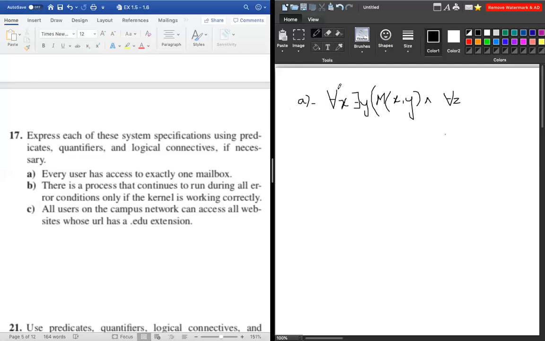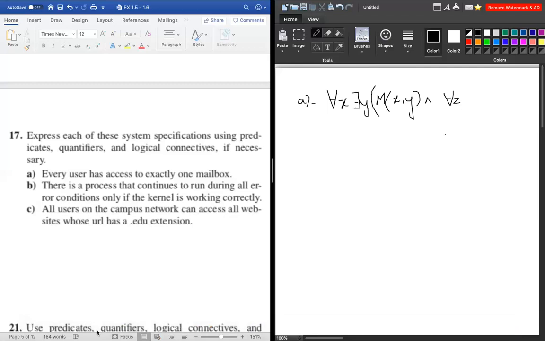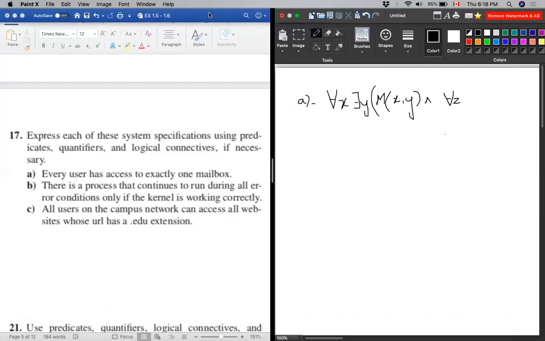The upside down A means for all, and this one is existential. Is there a third one you're saying? I mean, in the lecture, the professor talked about the uniqueness quantifier as well. Which lecture slide is that? I think lecture, chapter 1, part 5.